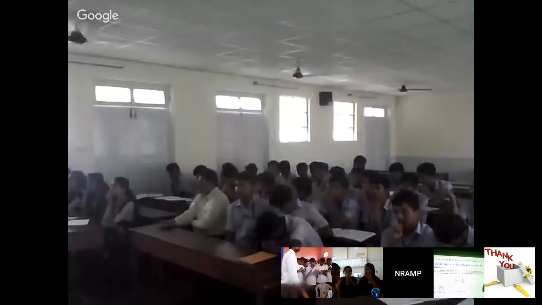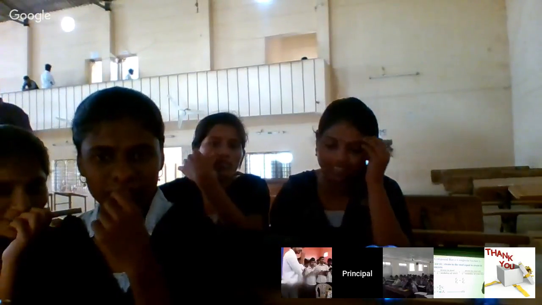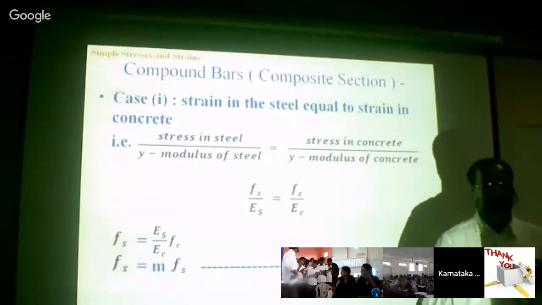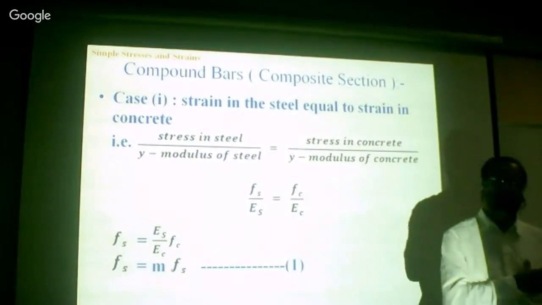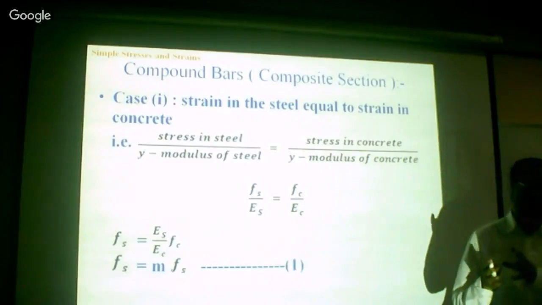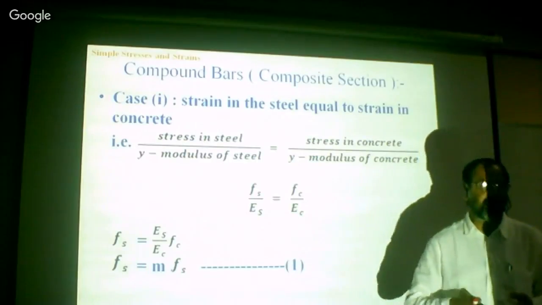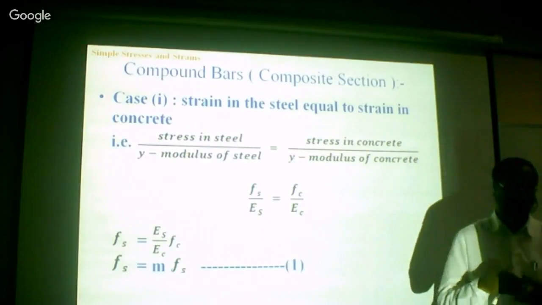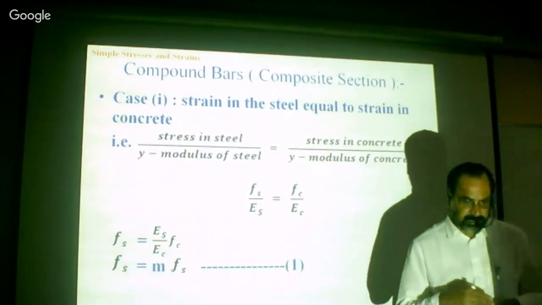For example, in the column, steel behavior is different and concrete behavior is different, but both are doing the same job. Both are put together, so what is the stress induced in the steel and what is the amount of stress induced in the concrete, for different combinations? We will study this in the next class, that will be on Thursday.